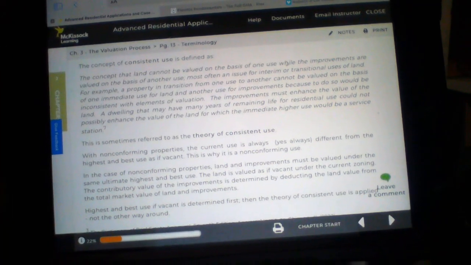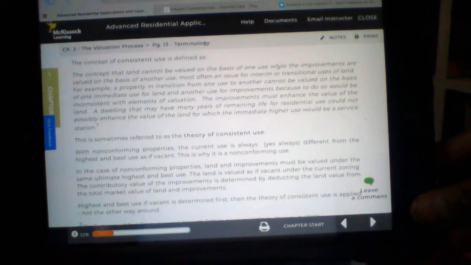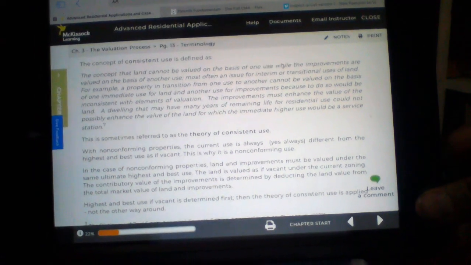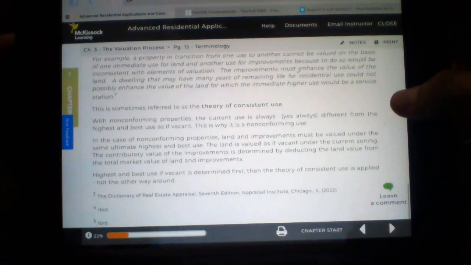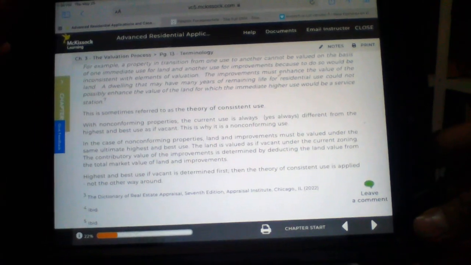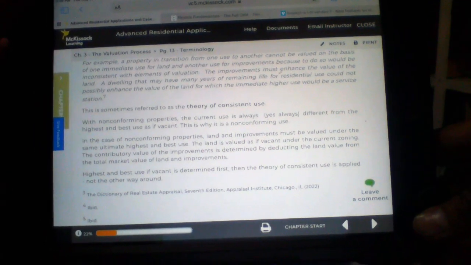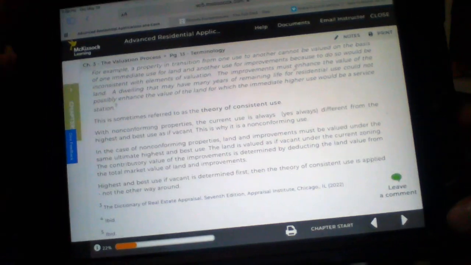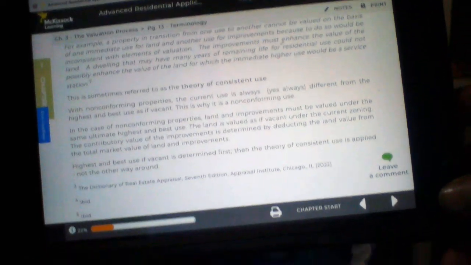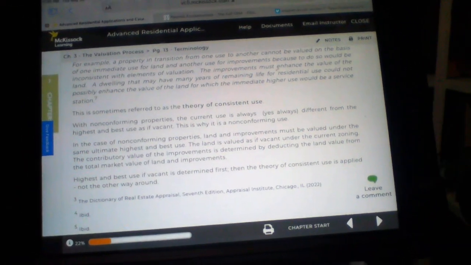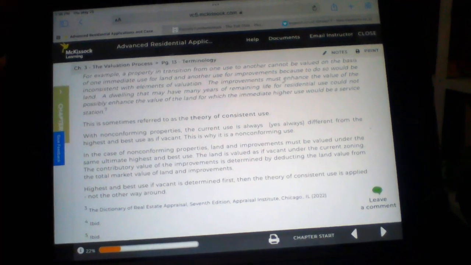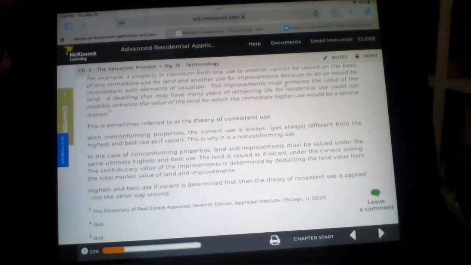Most often, an issue for interim or transitional uses of land. For example, a property in transition from one use to another cannot be valued on the basis of one immediate use for land and another use for improvements, because to do so would be inconsistent with elements of valuation.